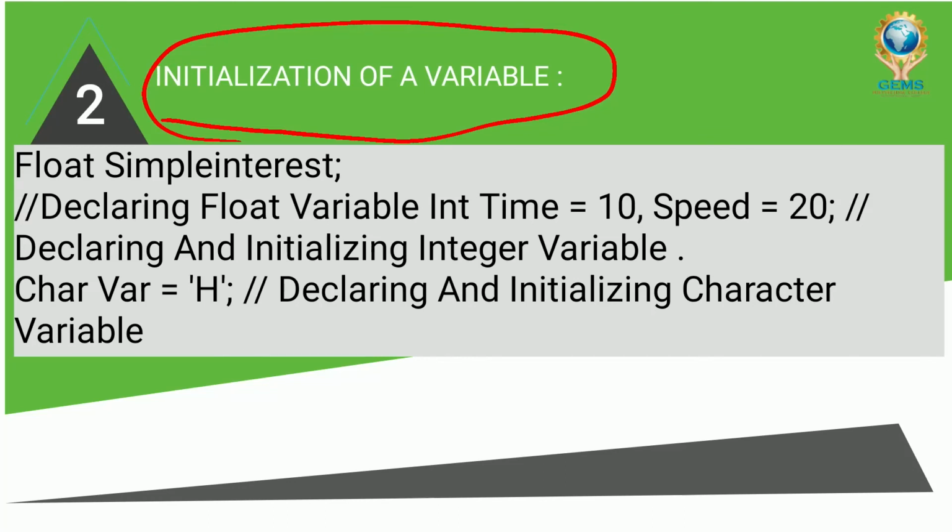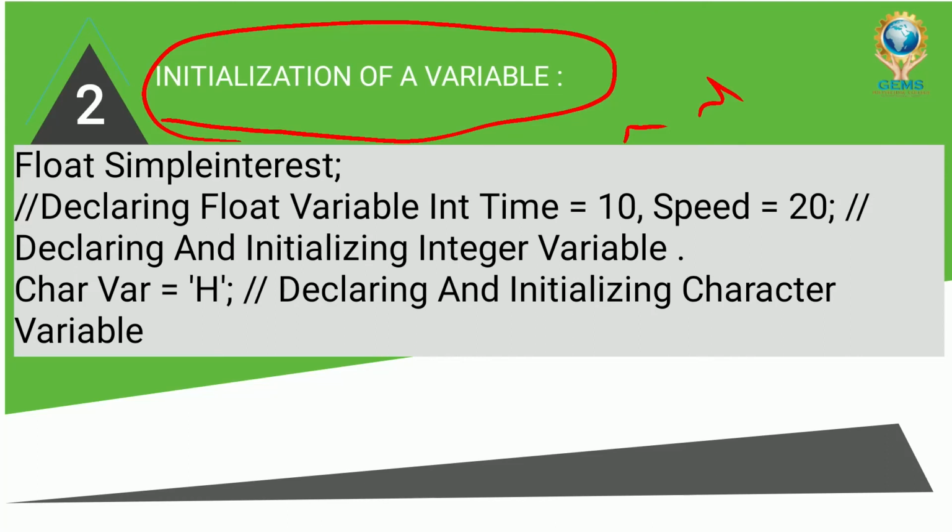If you write int time, that is the variable declaration. If you write int time equal 10, that is called variable initialization. Initialization means you are assigning the values to the variable.